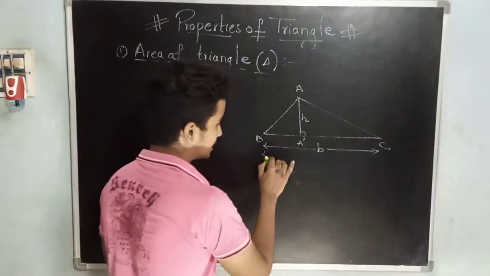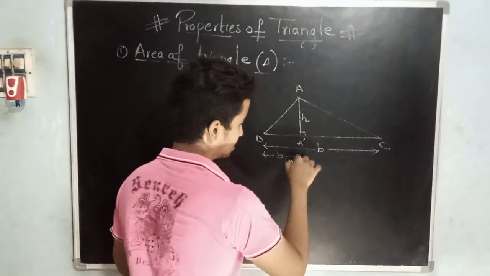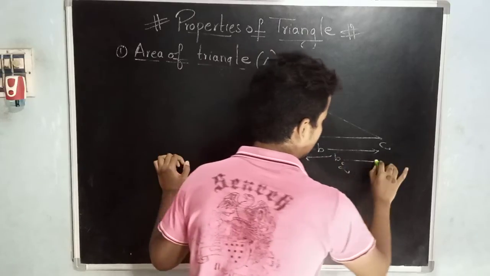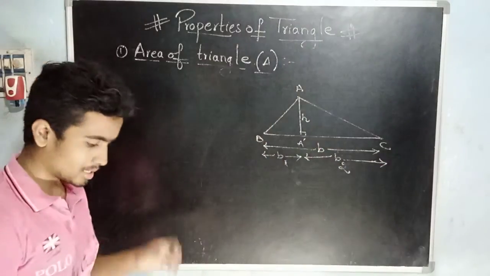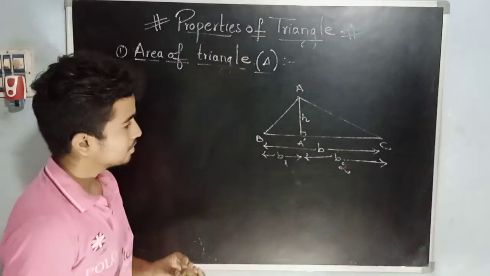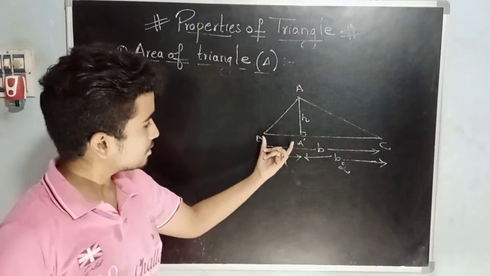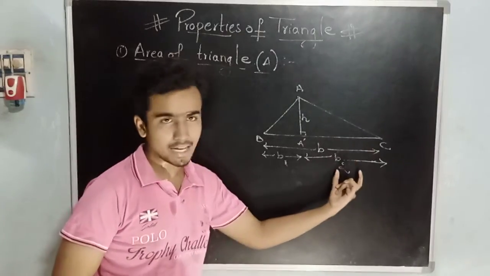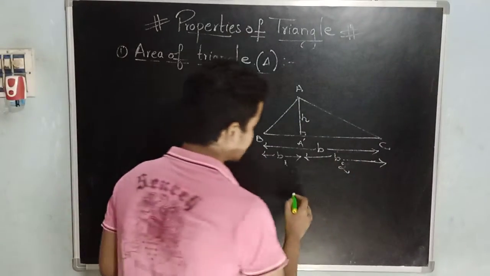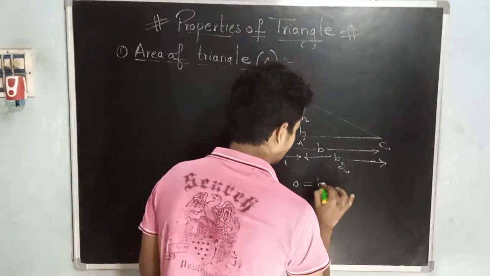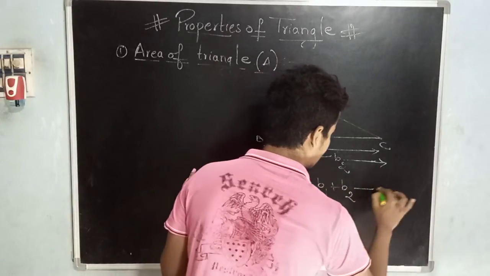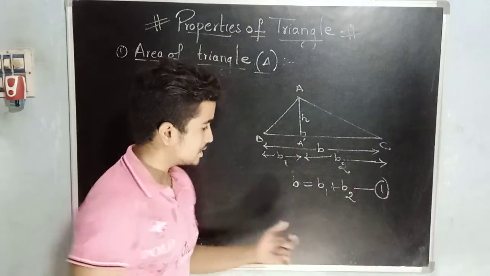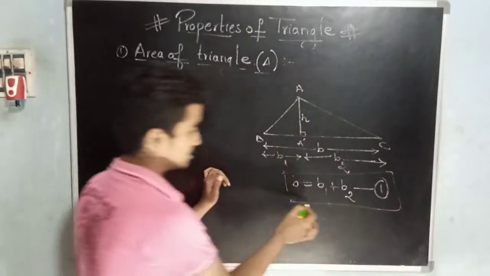Let me consider the length BA dash as B1 and the length A dash C as B2. The total length is B, so B is equal to B1 plus B2. We are going to use this equation, so let me put it aside.